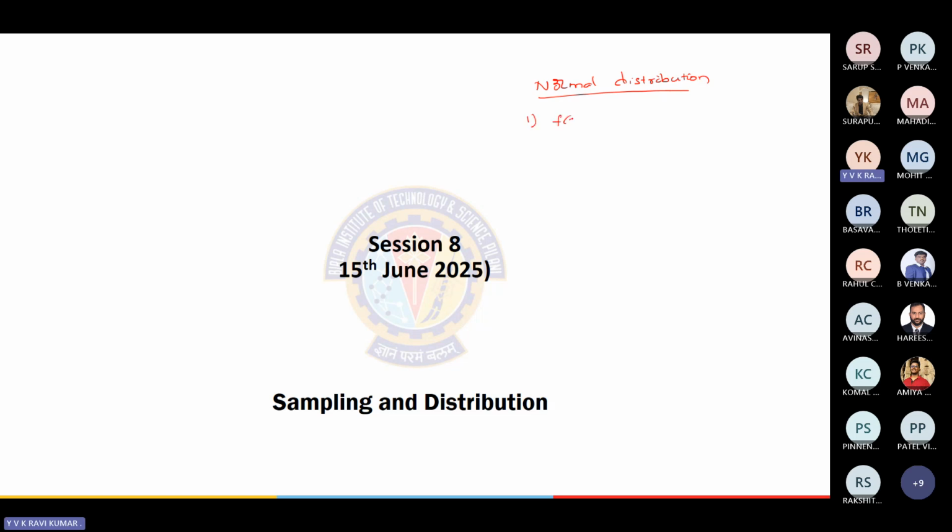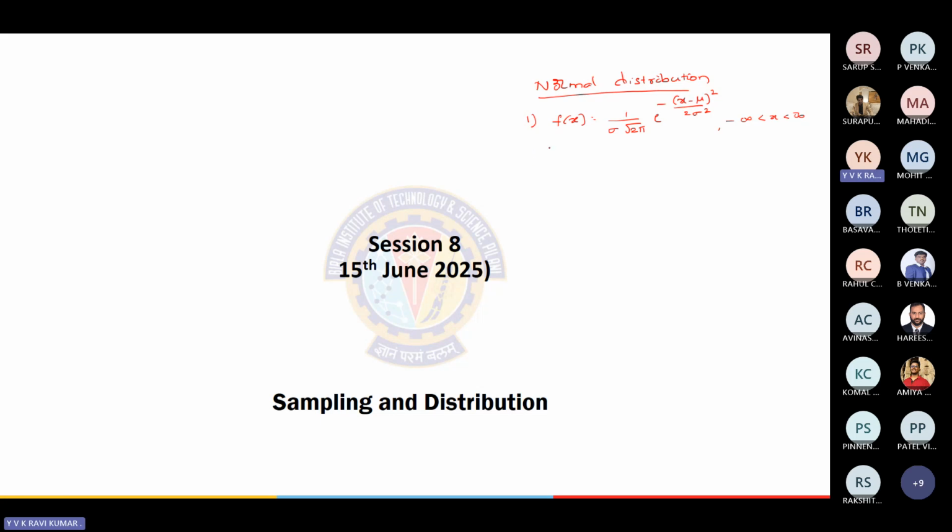its probability density function, 1 by sigma root 2 pi exponential of minus (x minus mu) whole square by 2 sigma square, where it takes all values from minus infinity to plus infinity. Right? That is the first one.